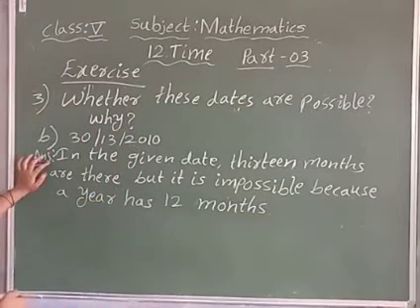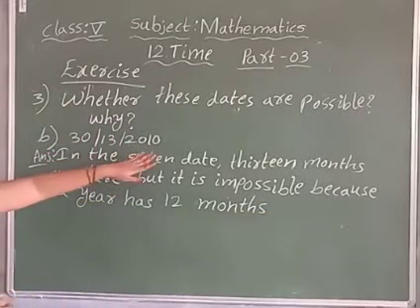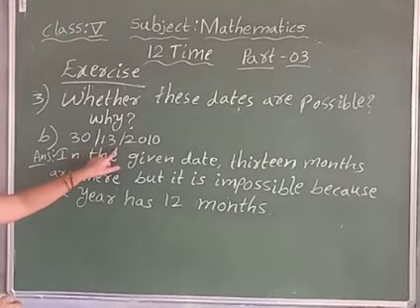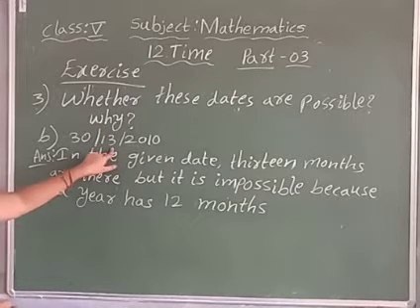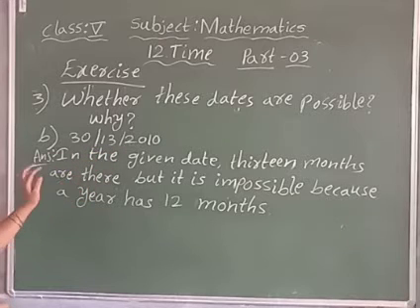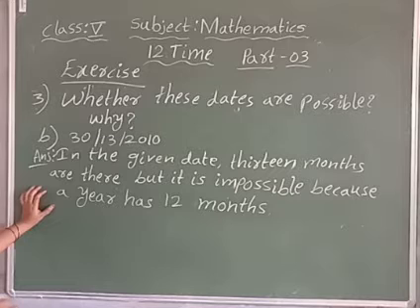So if you understand, in the given date, see here, 13 months only are given. Are 13 months there in that year? No. So they are there, but it is impossible because a year has 12 months. So you write this also, children.